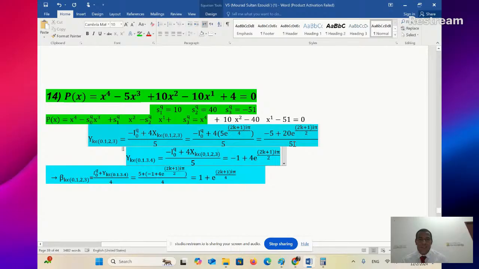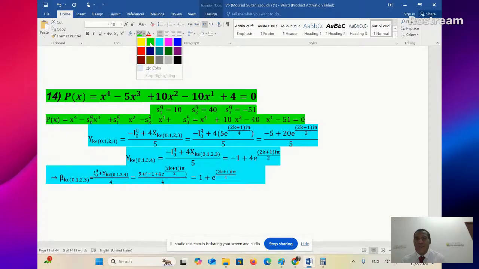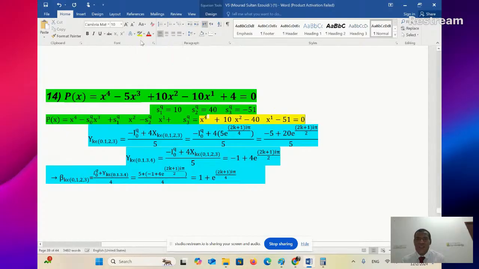And 20 divided by 5 is 4 times exponential (2k plus 1) times pi over 2. Therefore, these are the x roots of this polynomial to the power 4, learners. This is the roots of it.